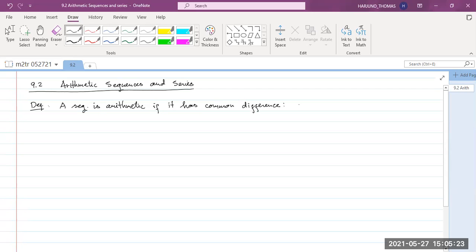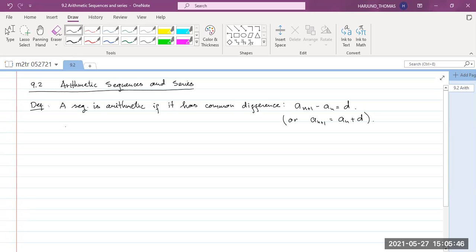Basically, the next term minus the current term equals a constant d. Or we can also say that the next term is the current term plus a constant d.